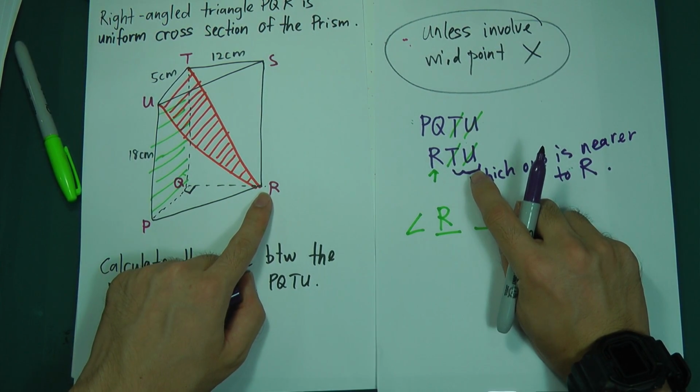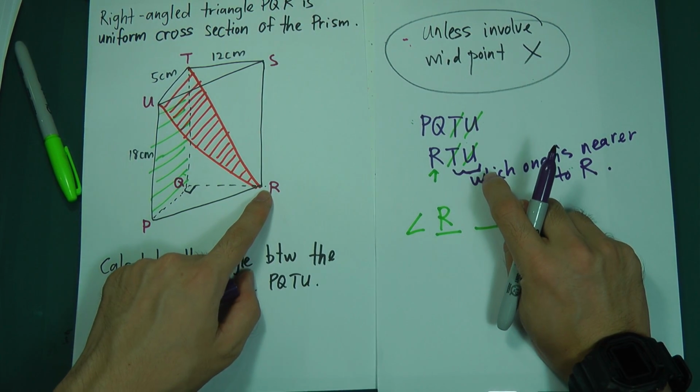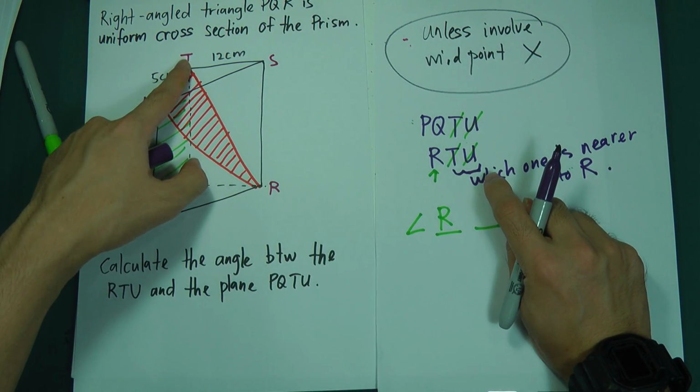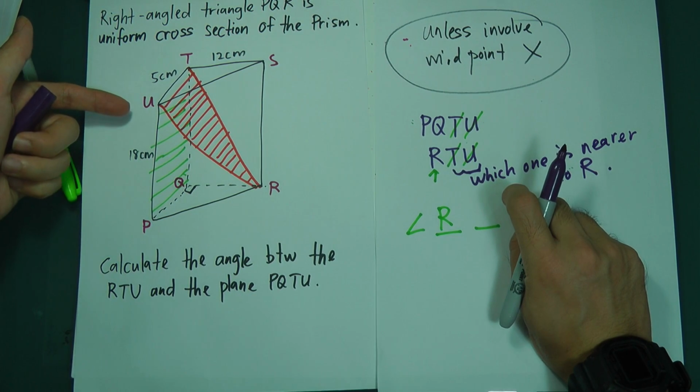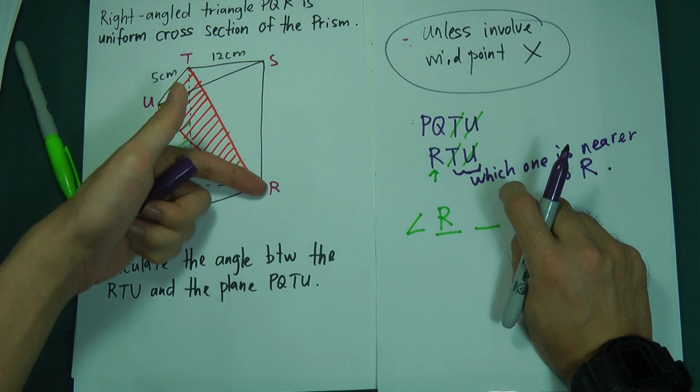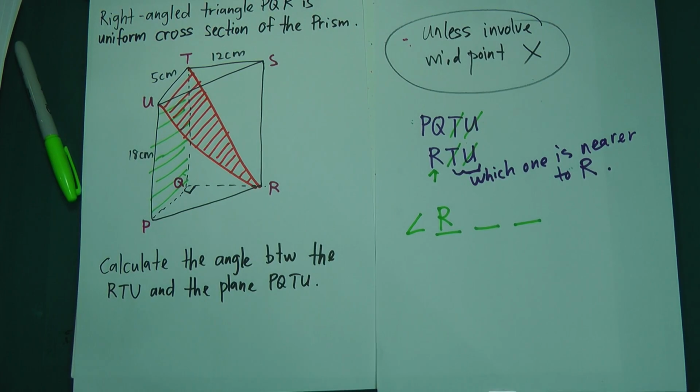If you have some common sense, actually it's quite obvious. T is nearest to R because U is from another side, going down.